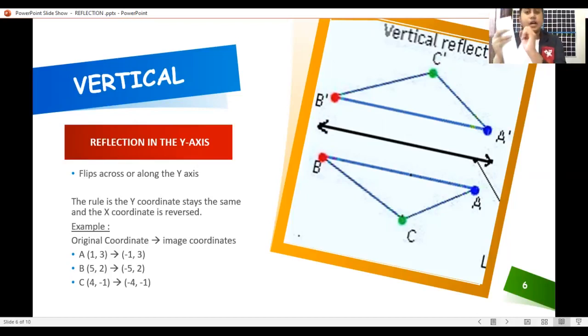Then where we plotted our point A, we're going to punch a hole through. When we're done, we open our paper and we see where that hole falls. Mary, when you reflect 1, 3 in the y-axis, what do you get? -1, 3. All right, so that is going to be our image. Our object point was 1, 3, and our image point is -1, 3.